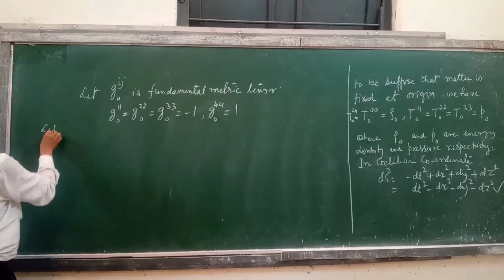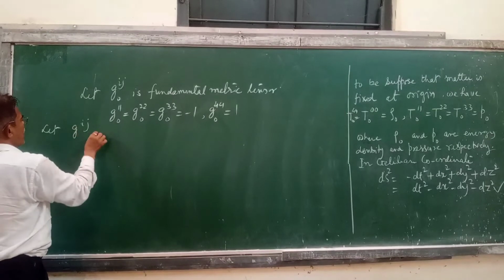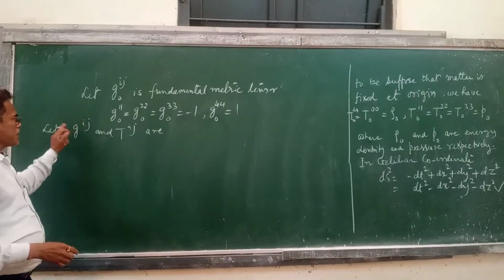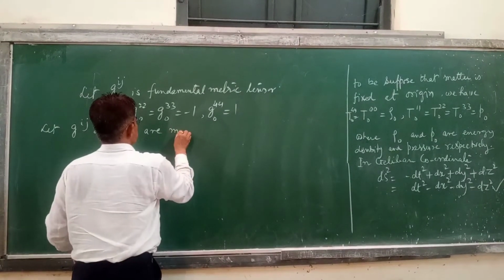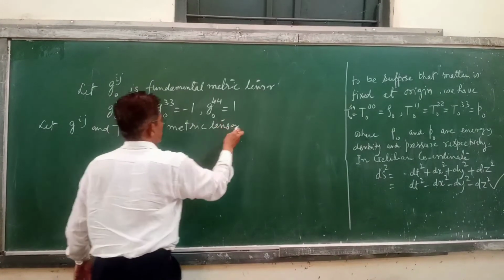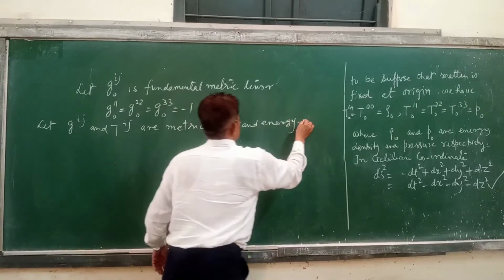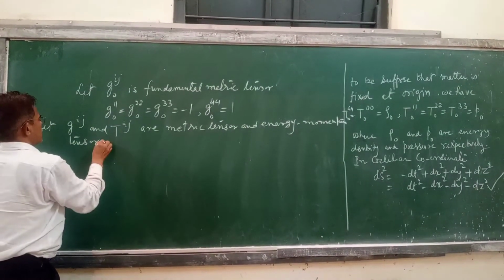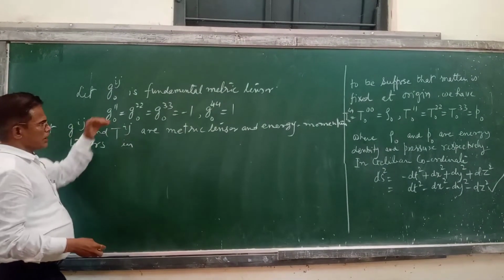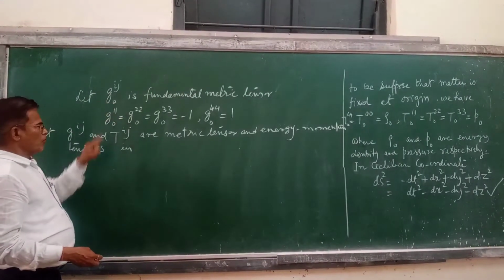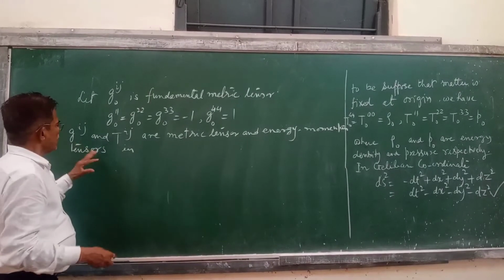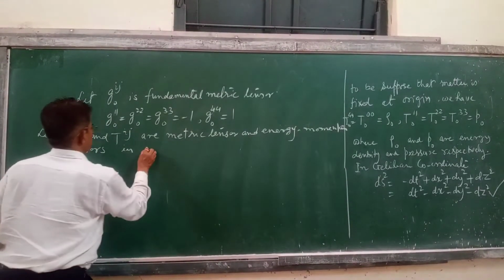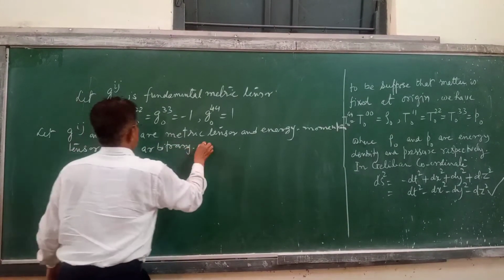Now let g^ij be the fundamental metric tensor and T^ij the energy momentum tensor in an arbitrary coordinate system. The quantities with the suffix 0 are in the Galilean coordinate system, but these g^ij and T^ij are the metric tensor and energy momentum tensor in an arbitrary coordinate system.